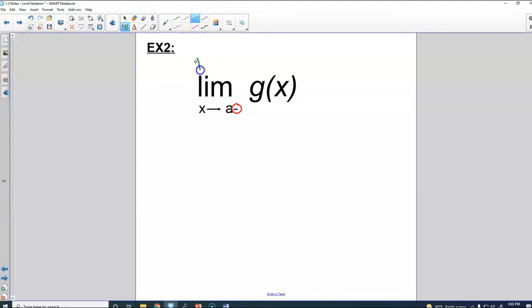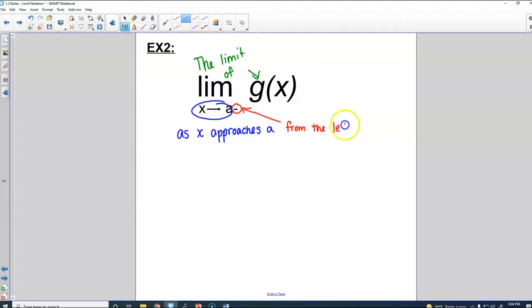So this would be the limit of g of x as x approaches A. The negative behind means from the left.